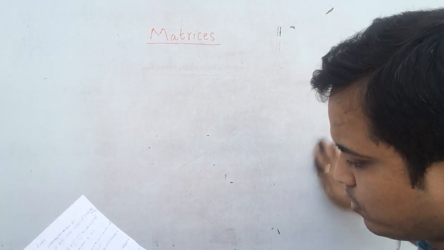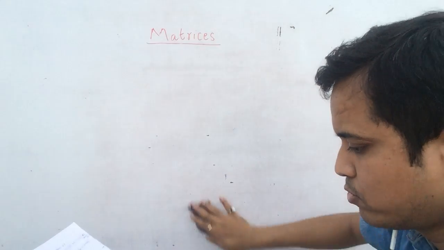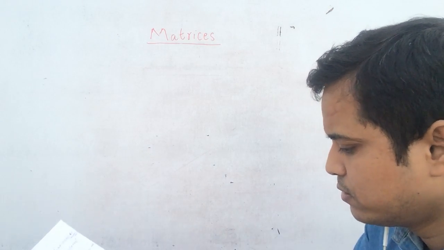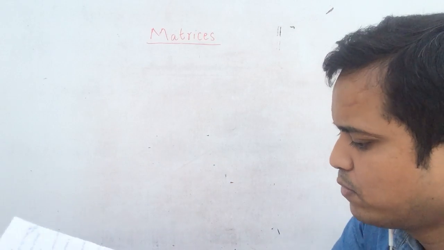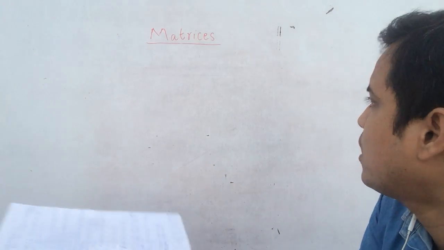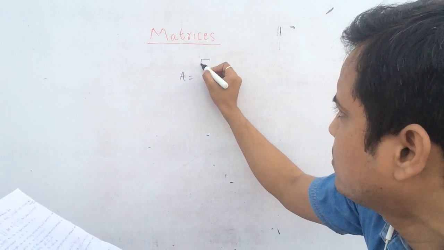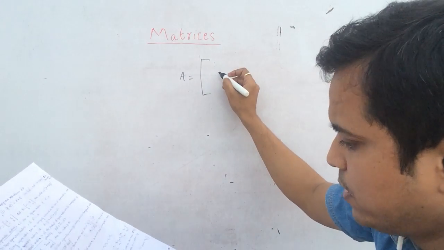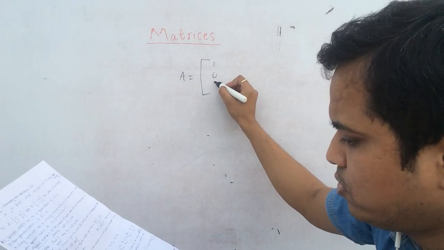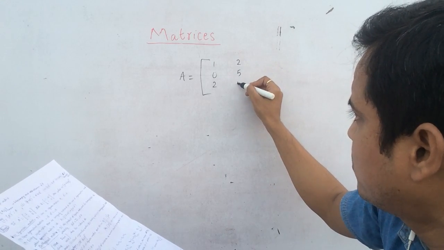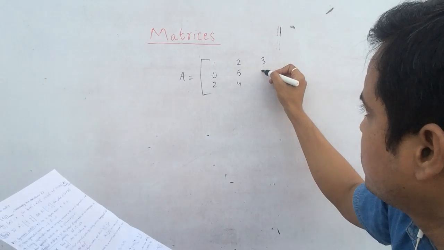So before doing this, I think we should do one question. So how would you find minor and cofactor? This A is a matrix: 1 0 2, 2 5 4, 3 0 3.